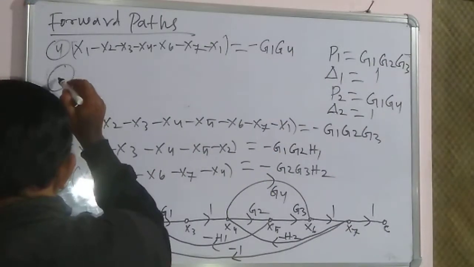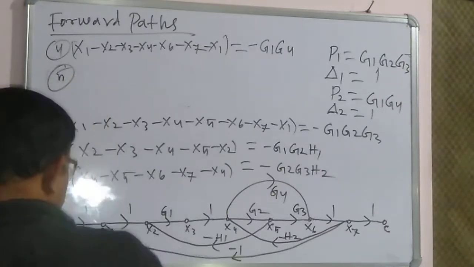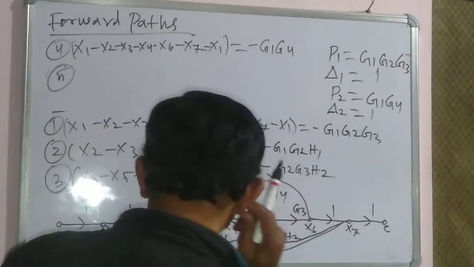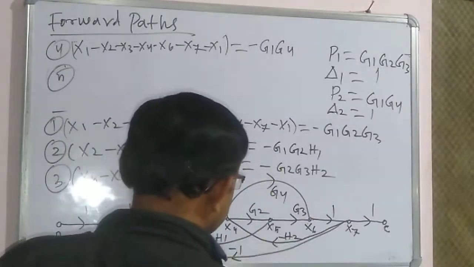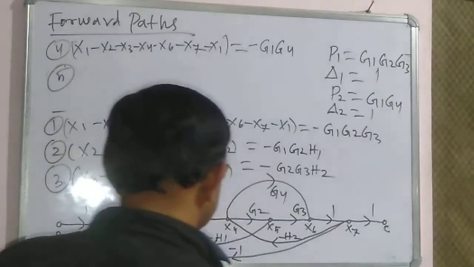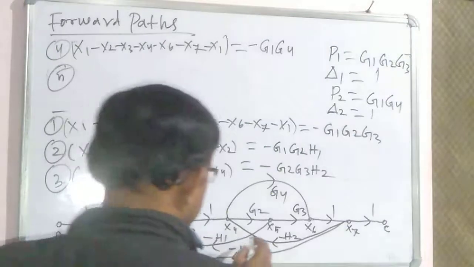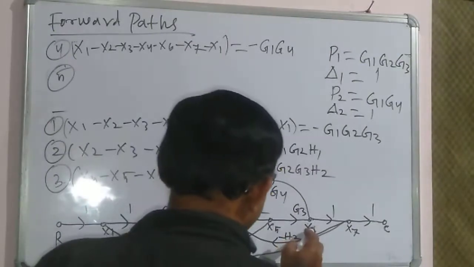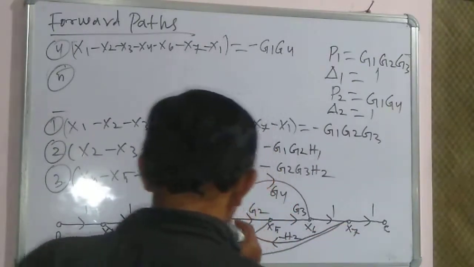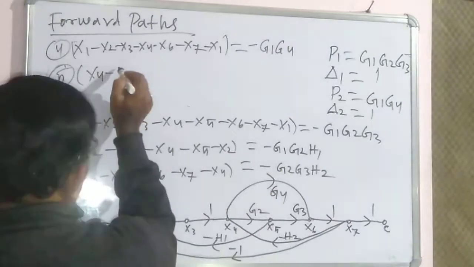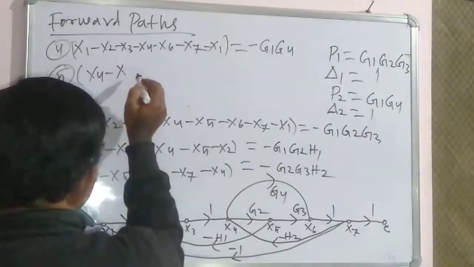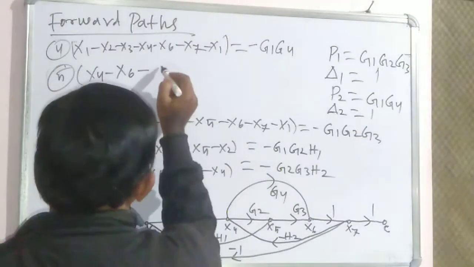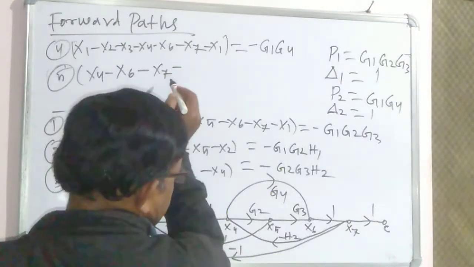So I think we can find out some other loops. Is it possible? Yeah, this is another loop we can find out: x4, x6, x7 and x4.